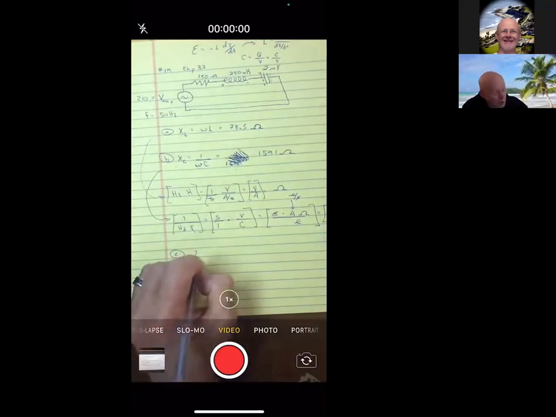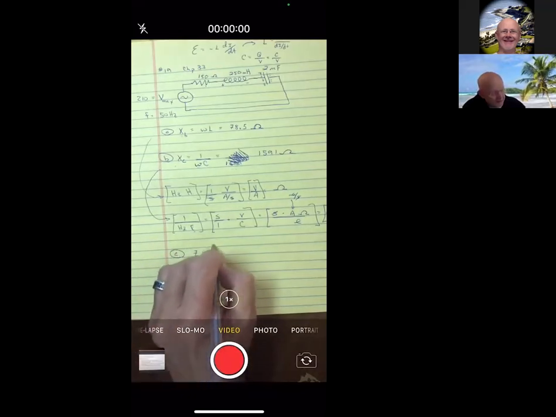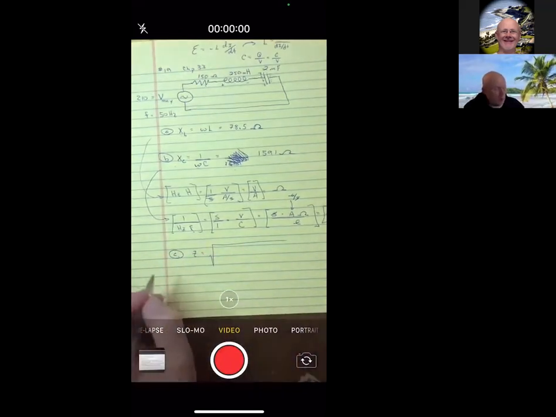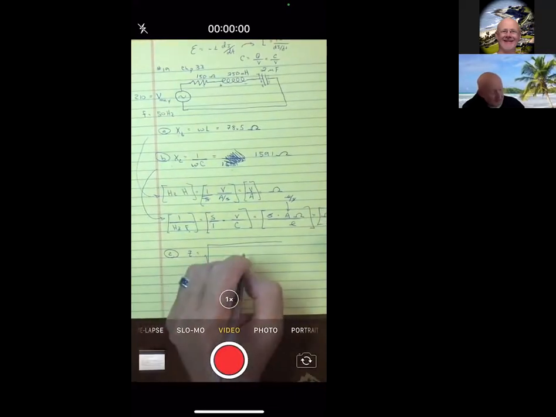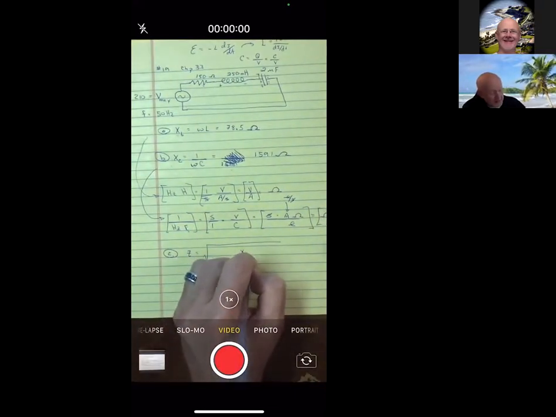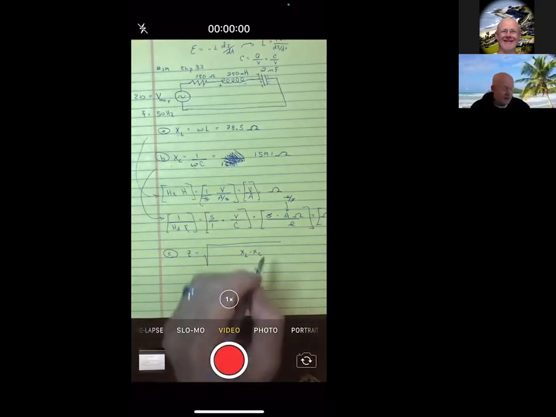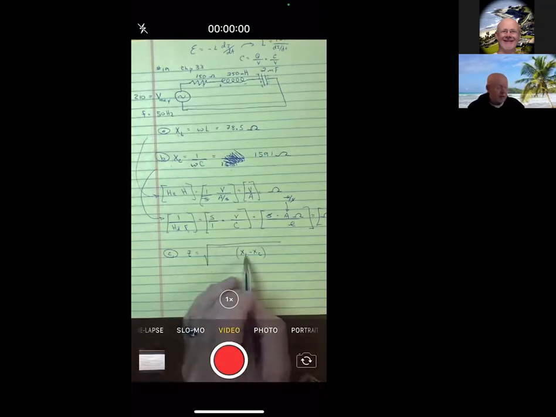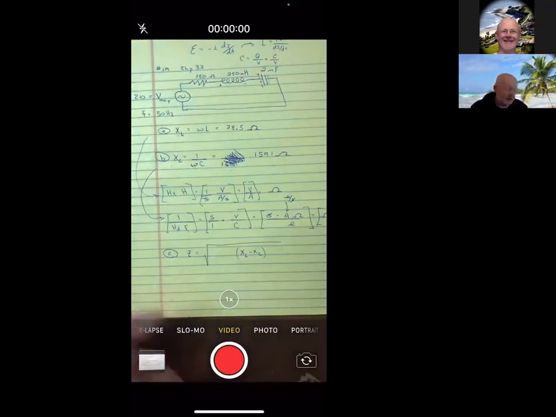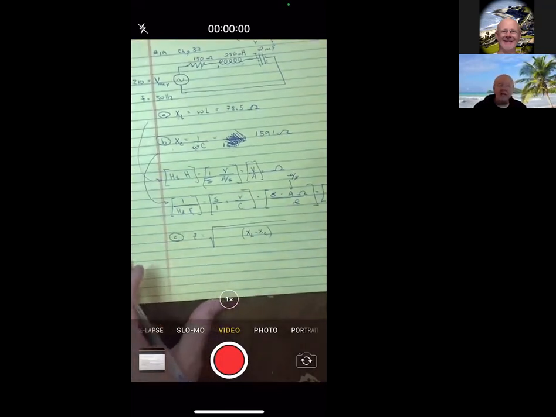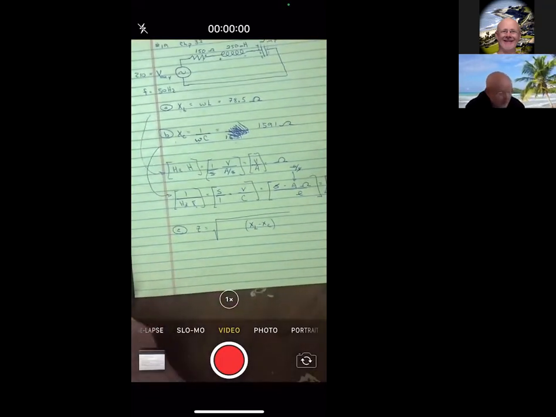So the overall effect, the impedance, was to say that the reactance from the inductor and capacitor are actually battling each other. They're opposite in phase. So instead of adding them together, you would subtract them.